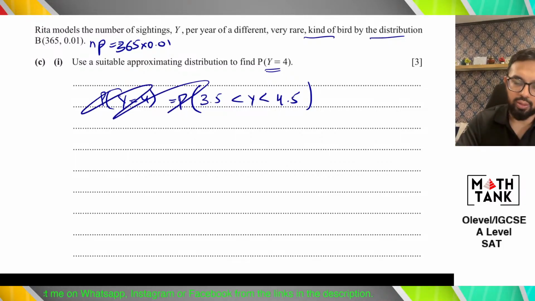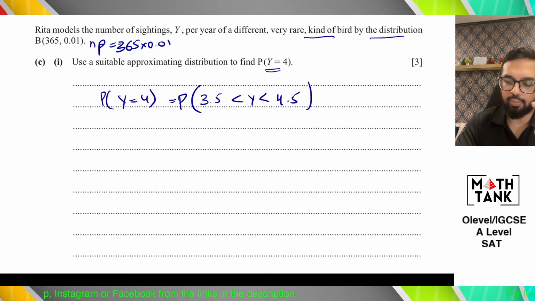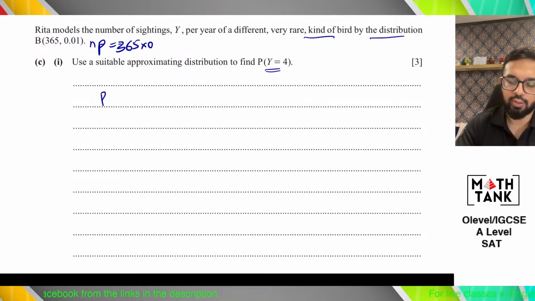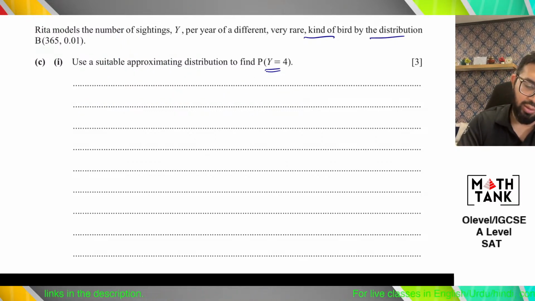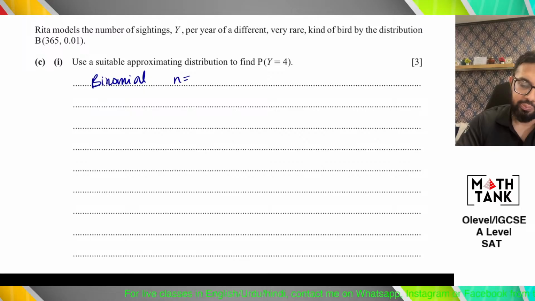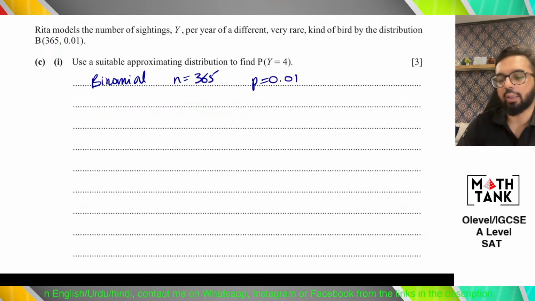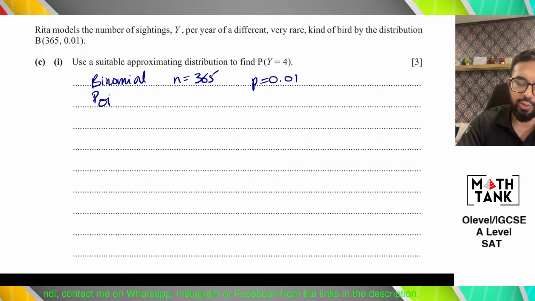Okay, no, wait. Yeah, in fact, let's just do this. Okay, so this is a binomial right now. What I'm going to check is that the p is very small. That sort of triggers the fact that this might have to be converted to a Poisson.